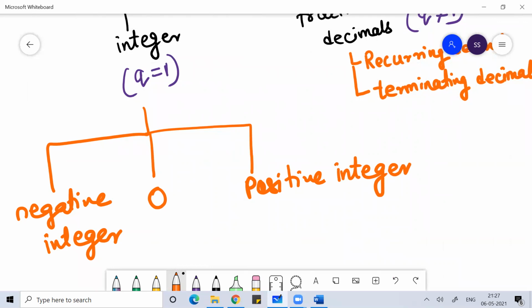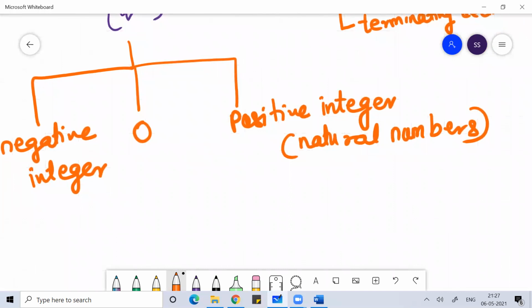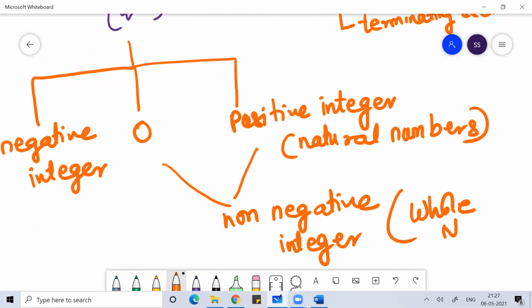I believe you have studied in your previous classes that all positive integers we call natural numbers. Zero plus all positive integers, which we call non-negative integers, we call whole numbers. So you should be clear on this representation.